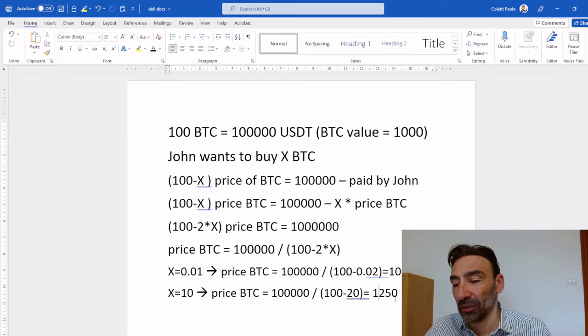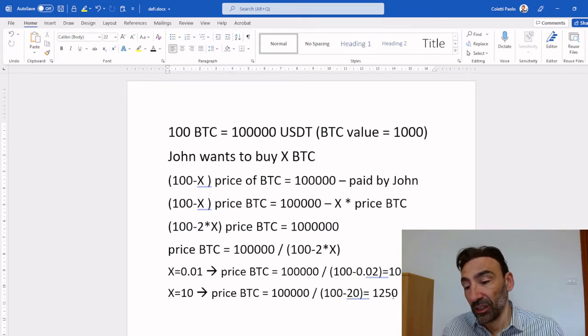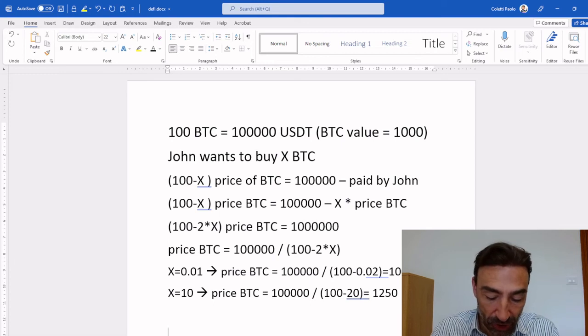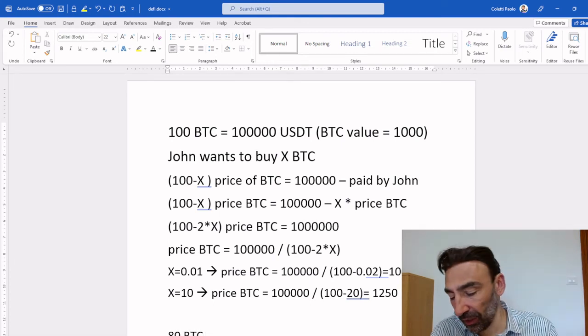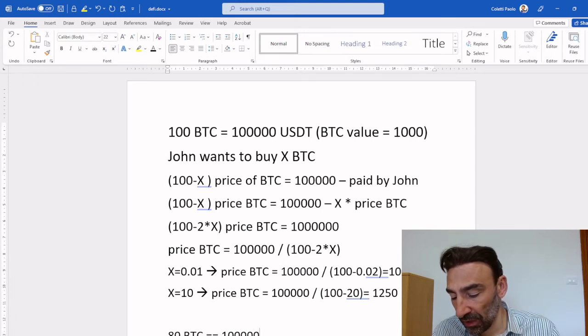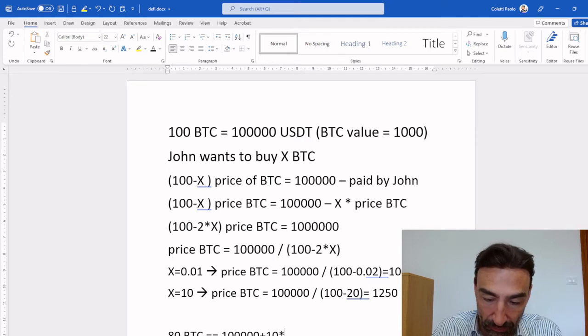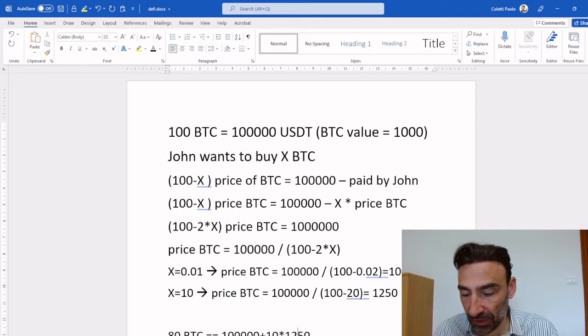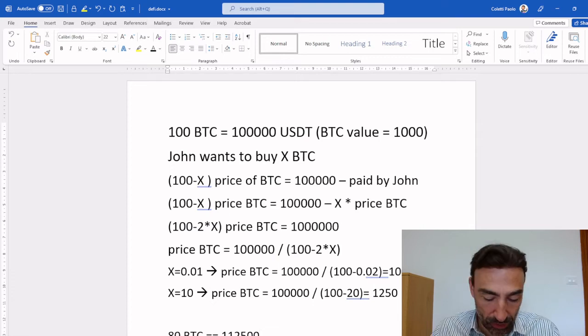So if you buy large amounts on an AMM market, and large means large with respect to its current reserve, you pay much more. Okay, with the price of 1250, this is the price for which 80 Bitcoin are equivalent to 100,000 plus 10 times 1250, so it's 112,500 USDT.